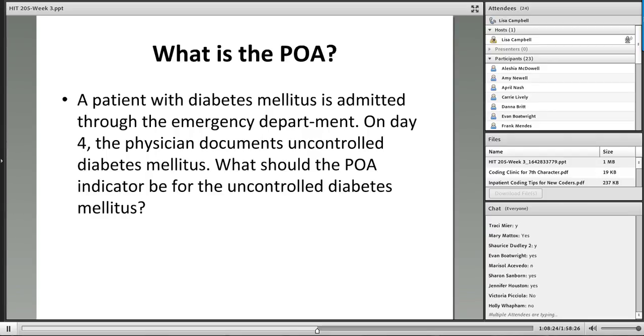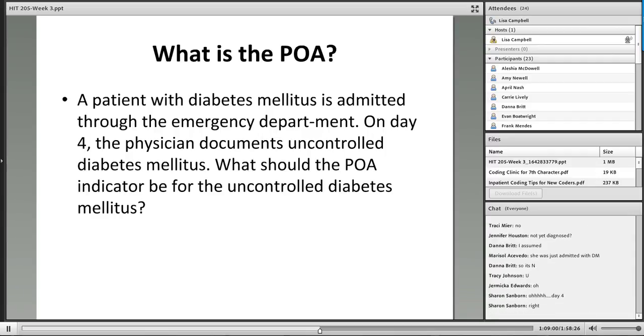Where does it say that? So she has diabetes, so you can't assume they were admitted with it uncontrolled, but it didn't say that it was uncontrolled. On day 4, the physician documents uncontrolled, so it would be no.